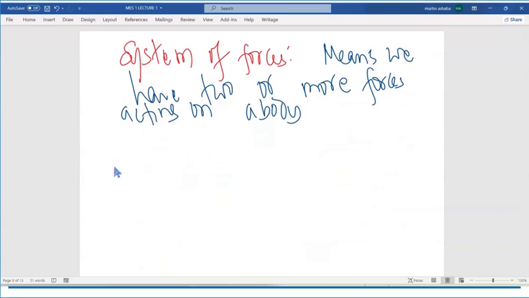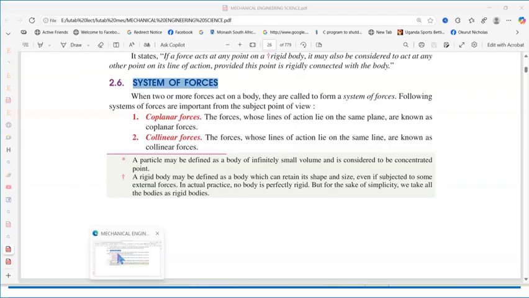So one, we are looking at coplanar forces. Coplanar forces are forces that are acting on the same plane. So the lines of action of these forces are on the same plane.